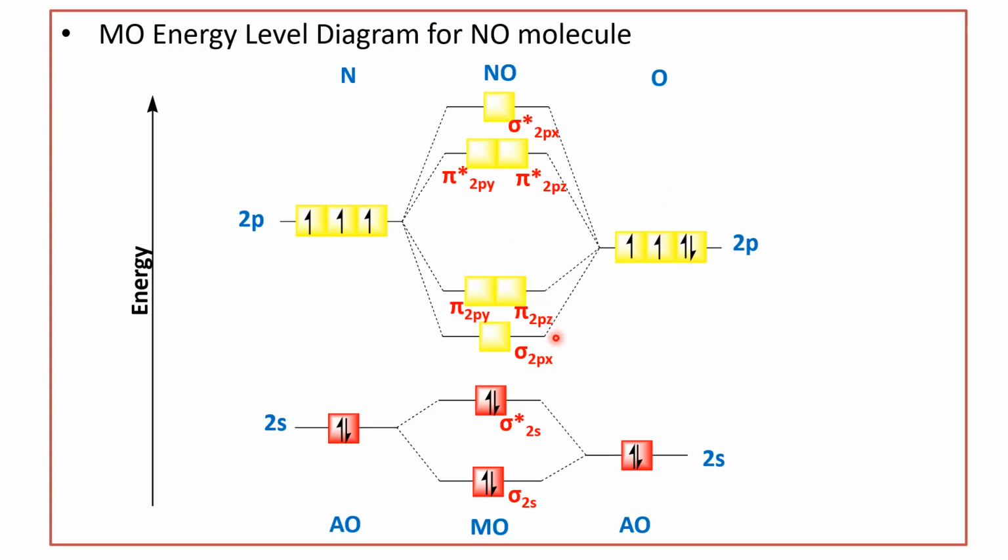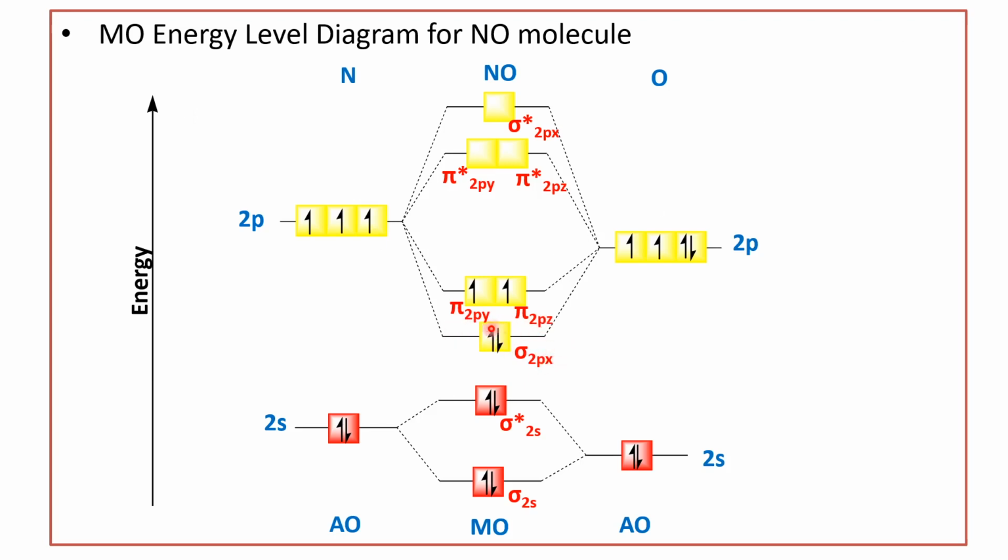These 7 electrons we have to fill in the molecular orbitals according to Hund's rule of maximum multiplicity. So, the first electron moves into the sigma 2px, then the second electron moves into the sigma 2px. That means it is paired. Then the third one is filled in the pi 2py and the fourth one in the pi 2pz.